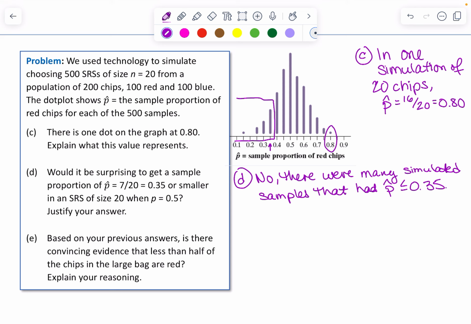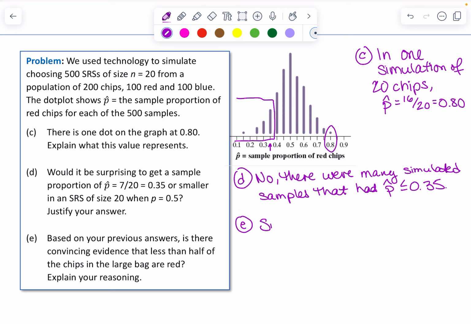Okay. So based on our previous answer, is there convincing evidence that Mrs. Lin is a liar and less than half of the chips are red? Since it's not surprising, like 0.35 or 7 out of 20 could happen by chance alone, we don't have evidence that Mrs. Lin is a liar.